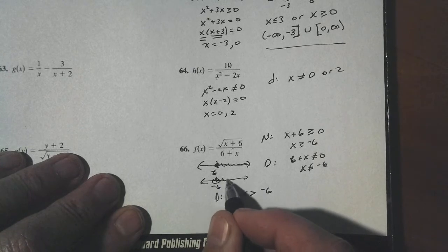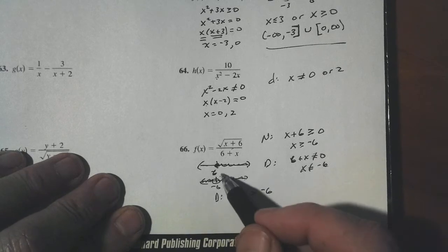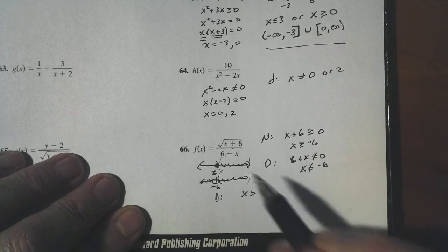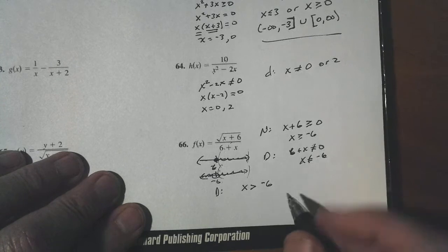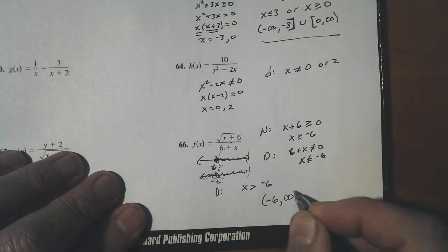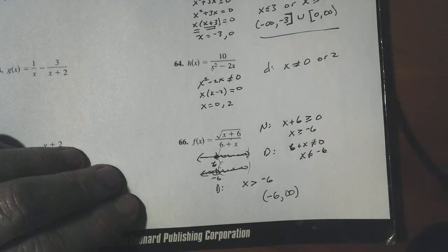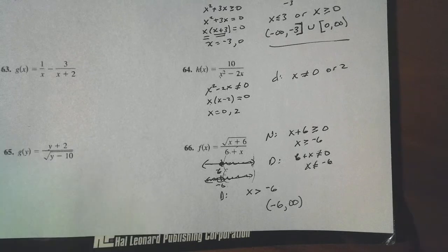Negative 6 is bad and everything else is good. Where's it good? To the right of negative 6. Interval notation, that would be negative 6, not including negative 6, to infinity. Okay, a couple new things there, and we will pick it up with page 4 shortly.